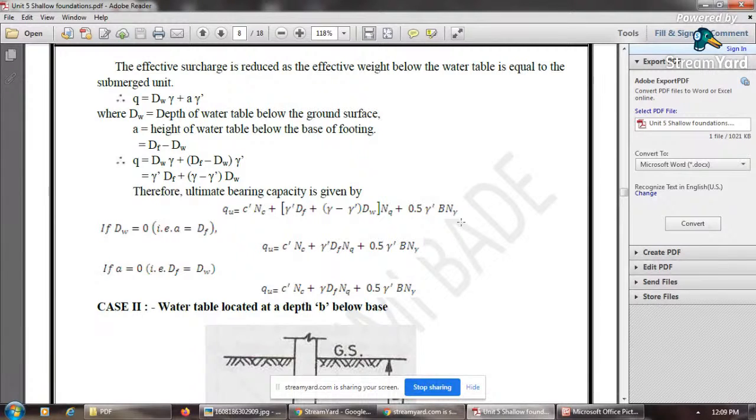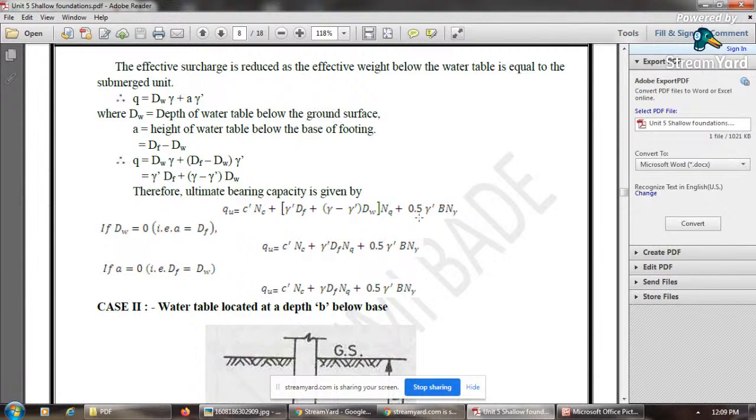They are called Terzaghi's bearing capacity factors. So these are Nc, N gamma, and Nq. If they have a dash, then they are divided into two different types: local shear failure or general shear failure.